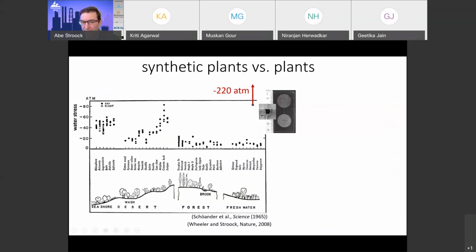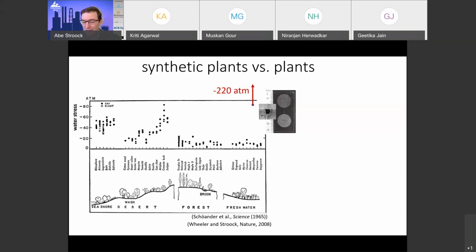Well, it turned out that with this little synthetic plant, you can think of this as the roots and this is the leaf, we achieved stable stresses well beyond what had been documented in plant life, and in an important sense did a proof by construction of the viability of this way of holding on to liquids in the materials that are available, even organic materials available for plant life and for technology.